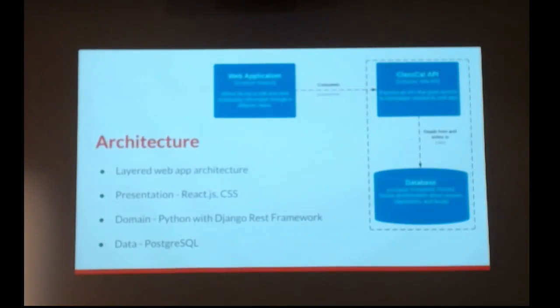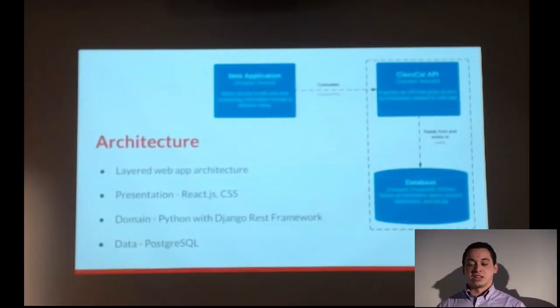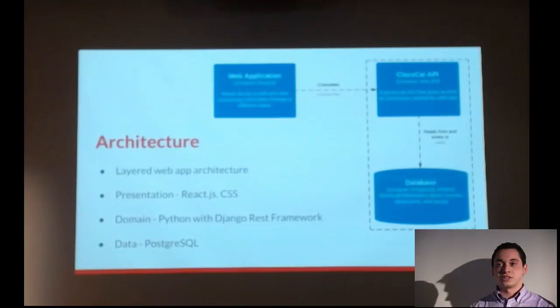So for our architecture, our application is a 3-layered web app. You see this architecture a lot in industry with web application development. For our presentation layer, we implemented it in React.js with CSS styling, and for navigation, we used React Router so that you can get to the different pages and views of the application without having to refresh the page. For our domain layer, where all of the domain logic is, we implemented that with Python using Django REST framework. REST framework is similar to the standard Django that a lot of us learned, except that it's changed a little to specifically create REST APIs.